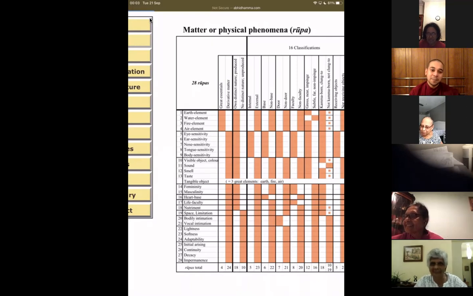At certain instances, consciousness is categorized as 1, Chaitasika 52, 28 Rupas, and Nibbana 1, because the function that they perform is similar.